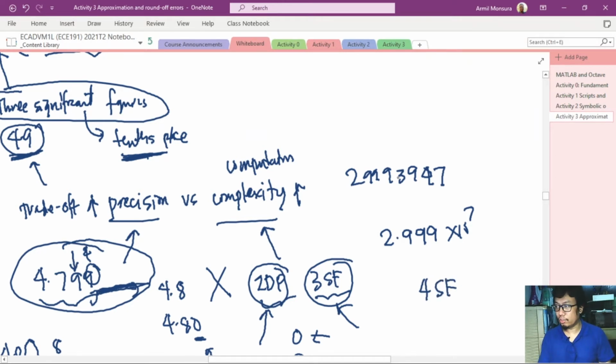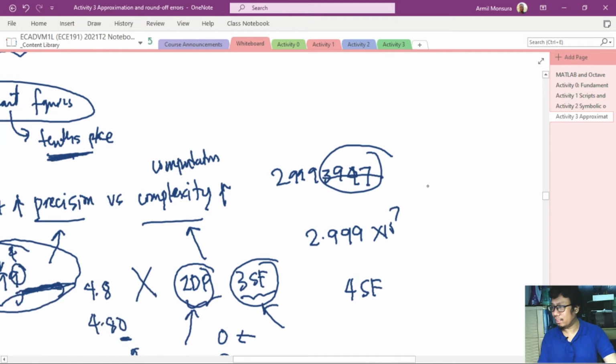It means you are making the rest insignificant, which is okay, considering the value of your number, these might be insignificant in terms of the entire value of the number, instead of using 8 significant figures.